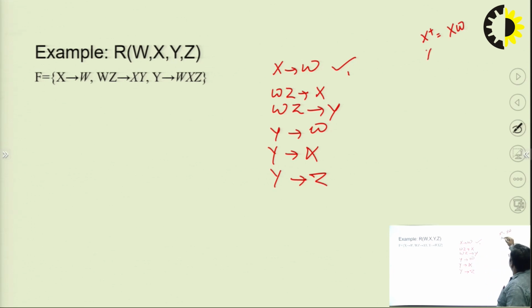Only X, nothing else. So it is important and it will stay here. This is a required one.